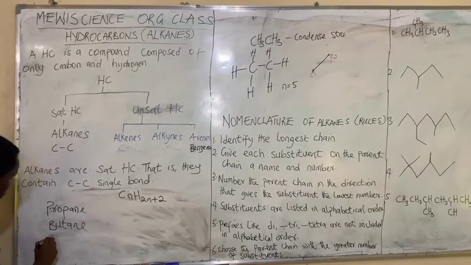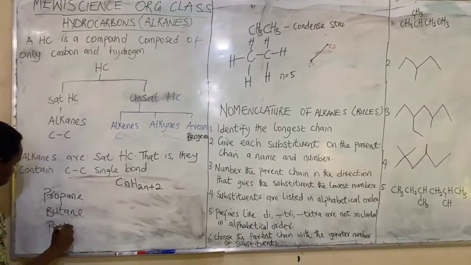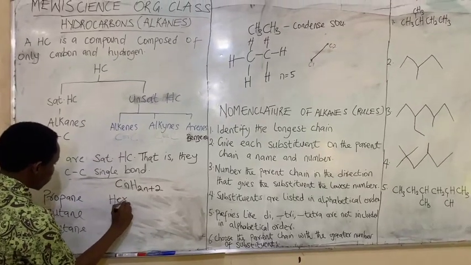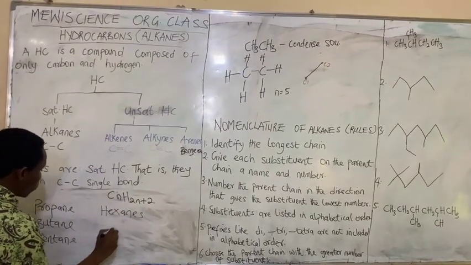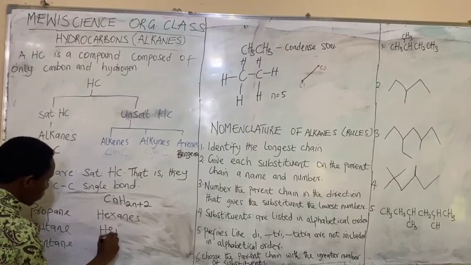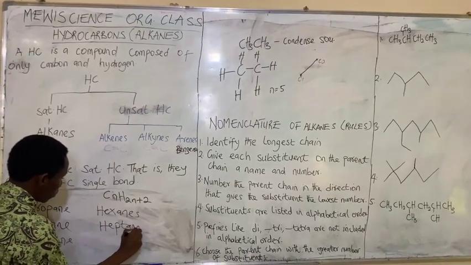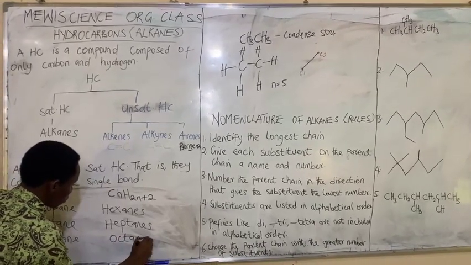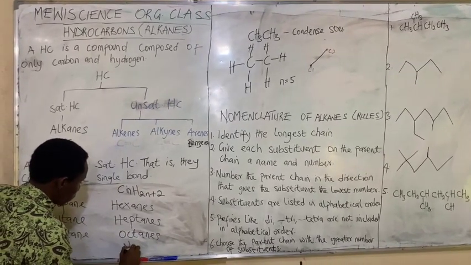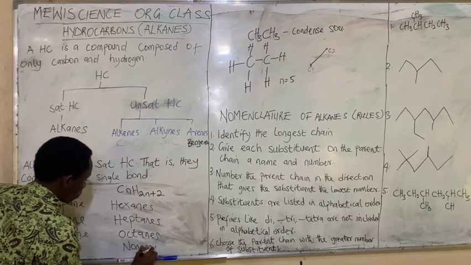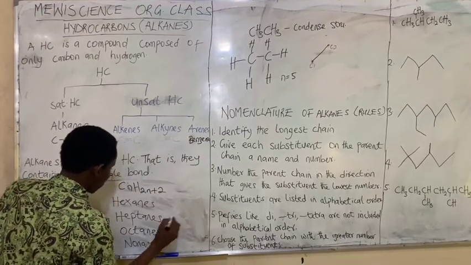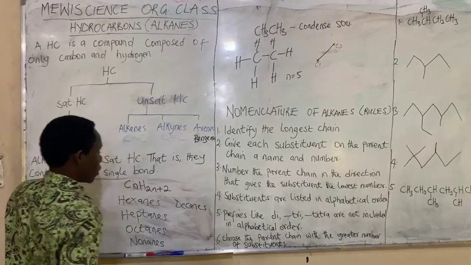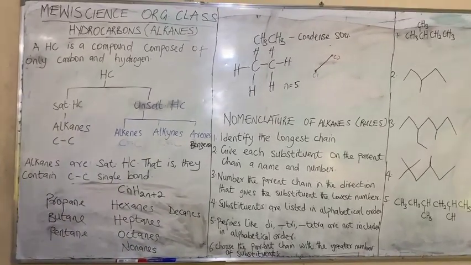We have pentane for 5 carbon. We have hexane, 6 carbons. We have heptane, 7 carbons. We have octane, 8 carbon. We have nonane, 9 carbon. And then we have decane for 10 carbon, and the rest. You can keep on naming them.